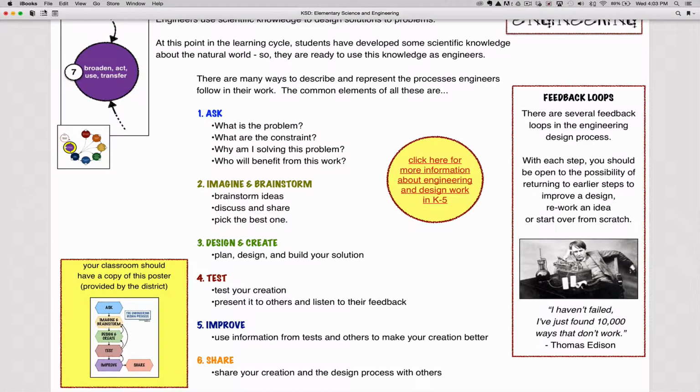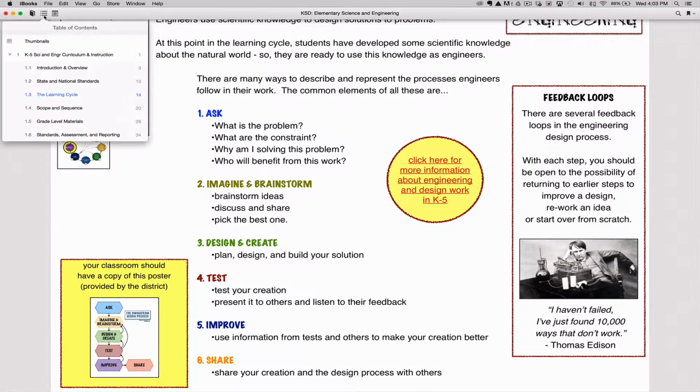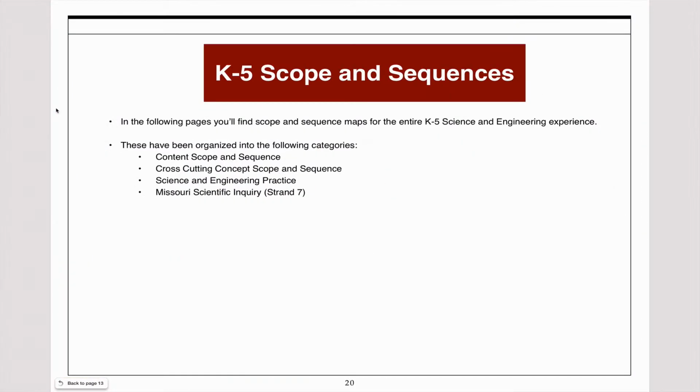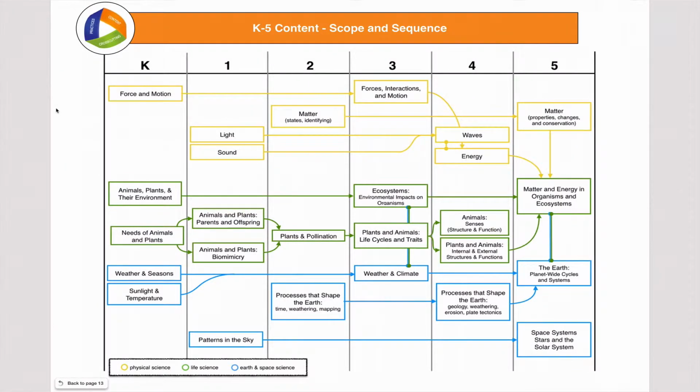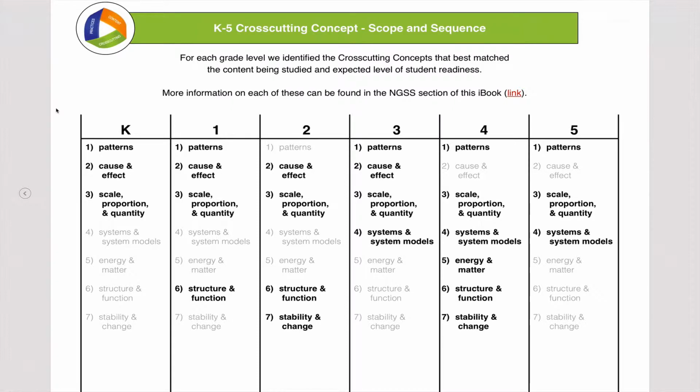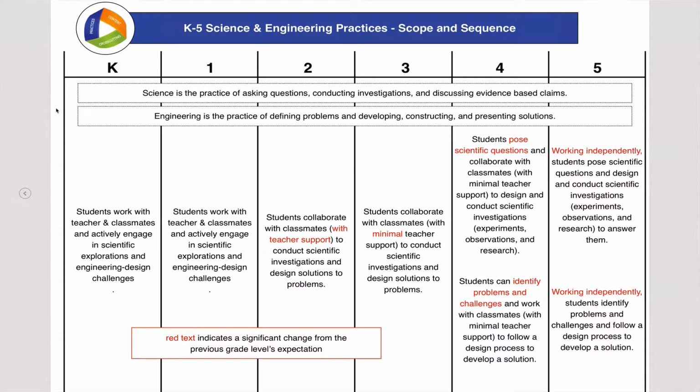The next section gives you some big picture overviews. So the K through 5 scope and sequence. Here's a map of when certain content is taught at what grades, what cross-cutting concepts are emphasized at each grade level, and how those science and engineering skills, those practices, will develop from K to 5, from being engaged with their class to working independently.